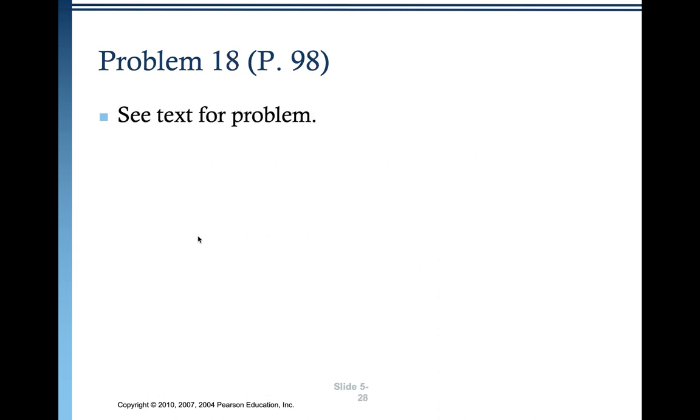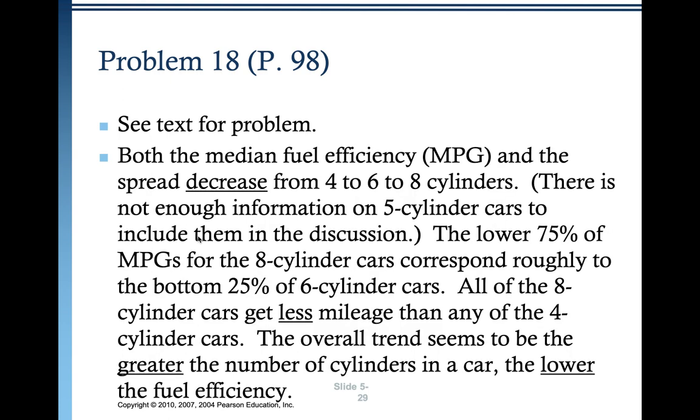All right, now look at problem 18 on page 98. Both the median fuel efficiency and the spread decreased from 4 to 6 to 8 cylinders. There's not enough information on 5-cylinder cars, which seem unusual, to include them in the discussion.